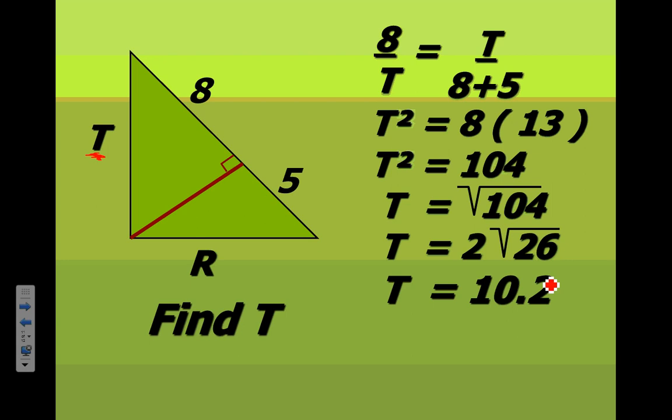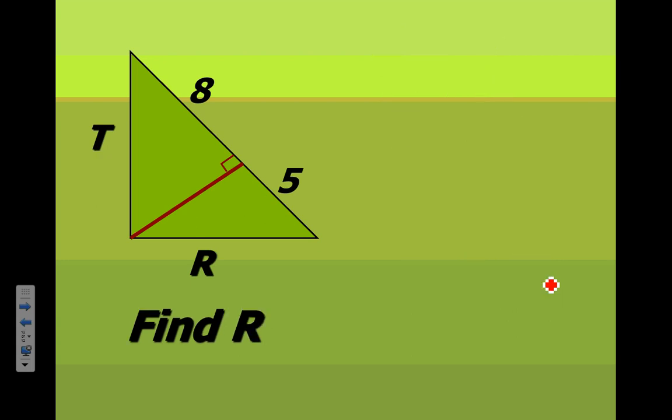Now, if we need to find r, we say that r is the geometric mean between 5 and 13. So r is the geometric mean between 5 and 13.